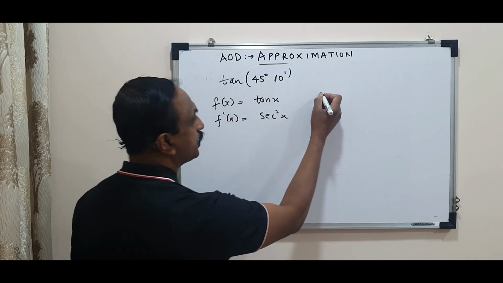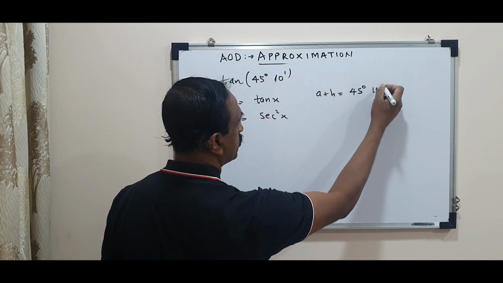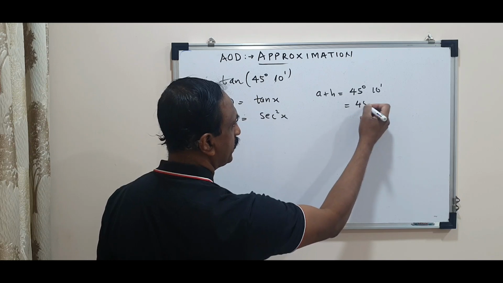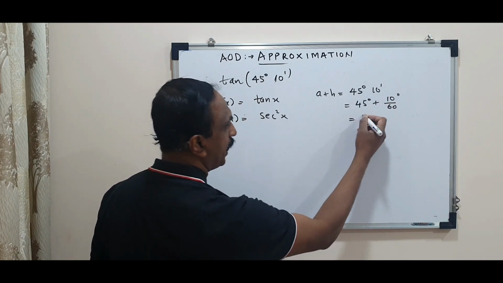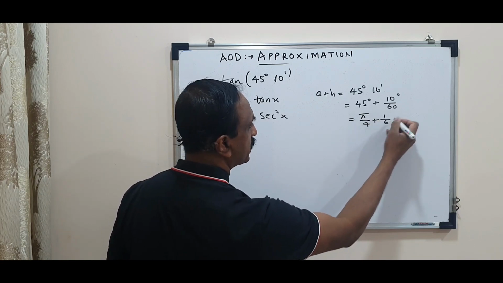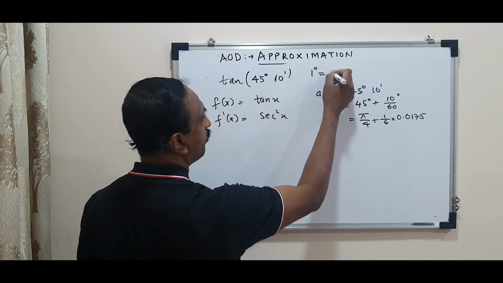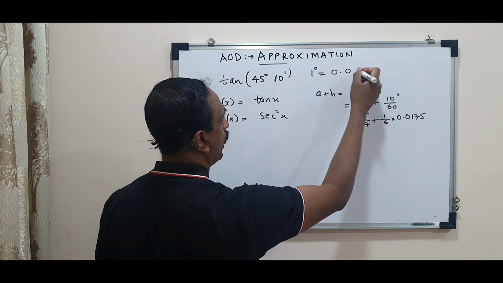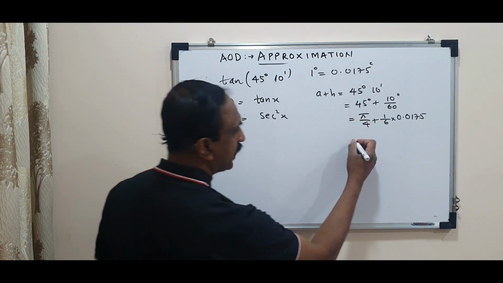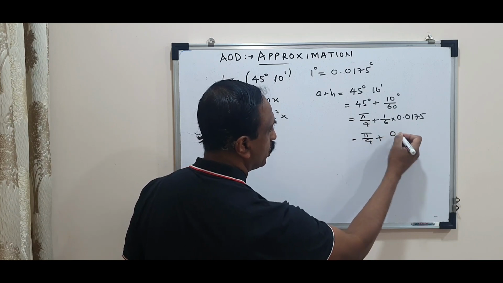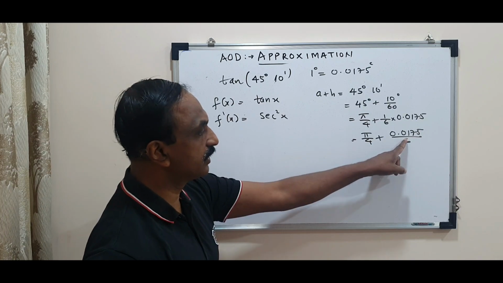Now a plus h, here the number is 45 degrees 10 minutes, that is 45 degrees plus 10 by 60 degrees, that is pi by 4 plus 1 by 6 into 0.0175, because 1 degree is 0.0175 radians. So I can write this as pi by 4 plus 0.0175 divided by 6. So this is a, this is h.